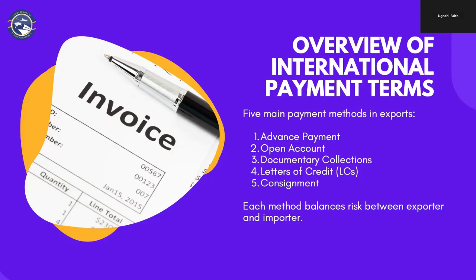While documentary collections is like open account because you are not getting an advance payment or any cover. But what you are getting is a way to secure the exporter, to make sure that the importer pays for the shipment.